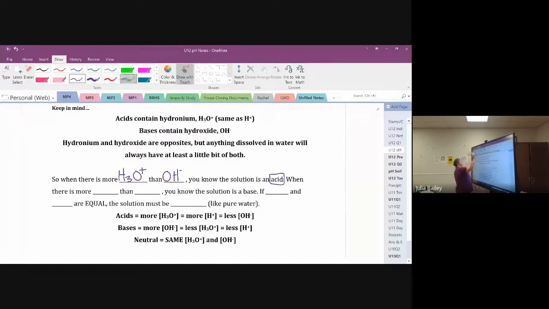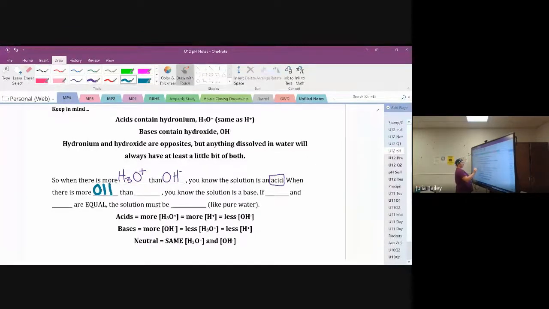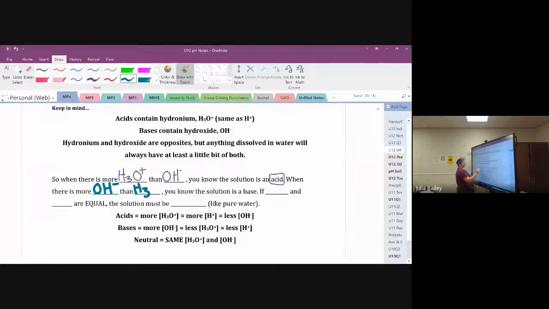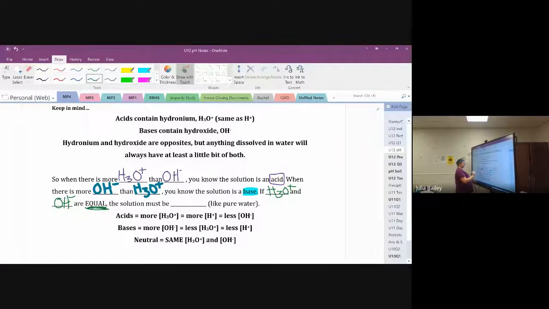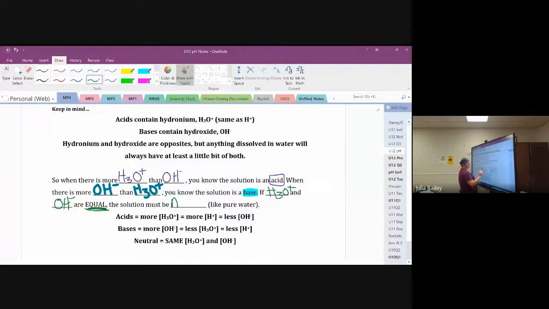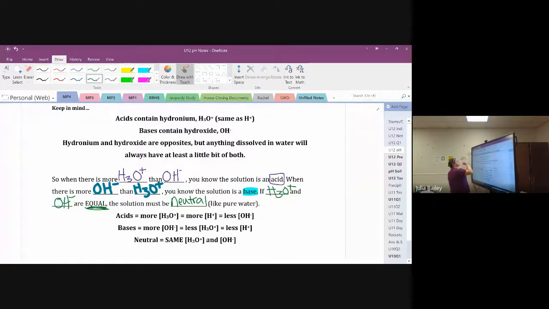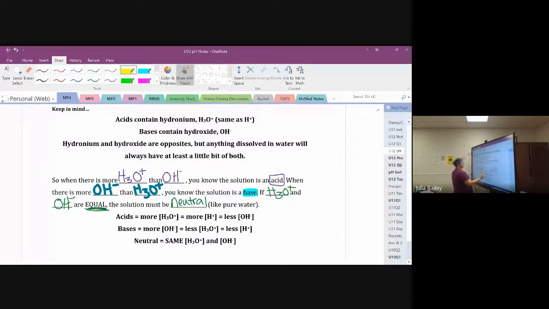And when there is more hydroxide than hydronium, you know the solution is a base. If you find a solution where your hydronium and your hydroxide are equal, then that must be a neutral solution like pure water.